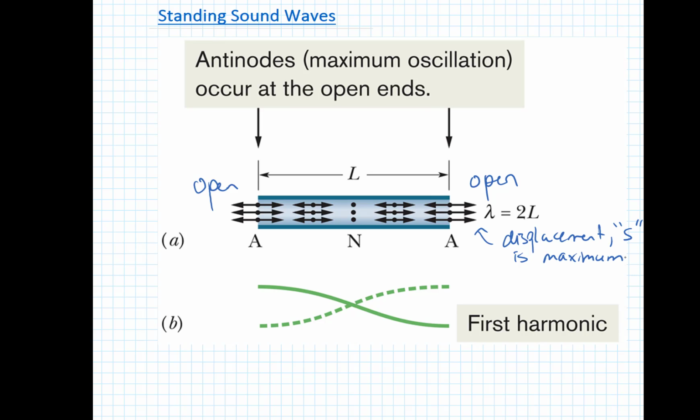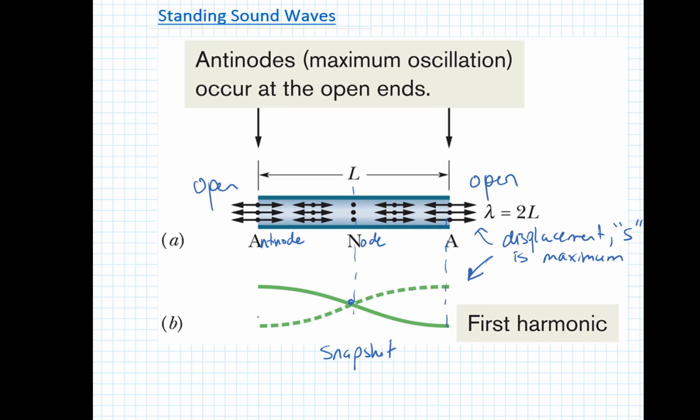So depending on whether you're looking at the snapshot of a standing wave looking at the displacement S or the change in pressure, well, here we're looking at the displacement, and we can see that displacement, we can just kind of point here, that's where it corresponds to a maximum or antinode of a standing wave. And in the middle, we are never displacing from equilibrium, and therefore we have a node.